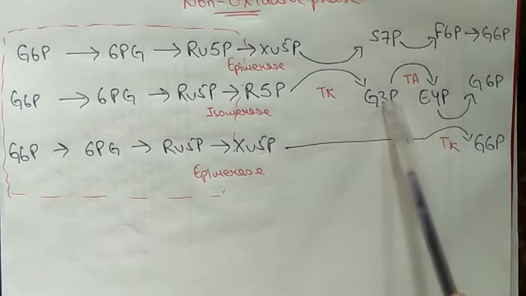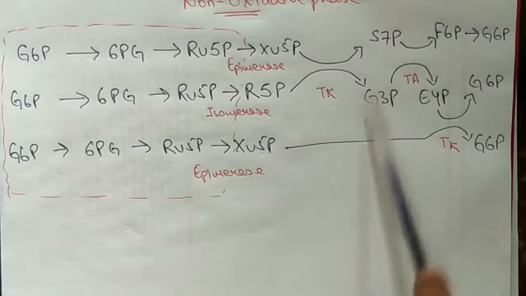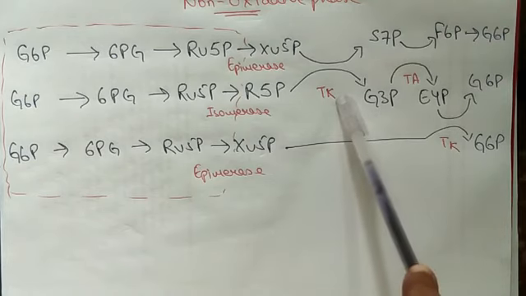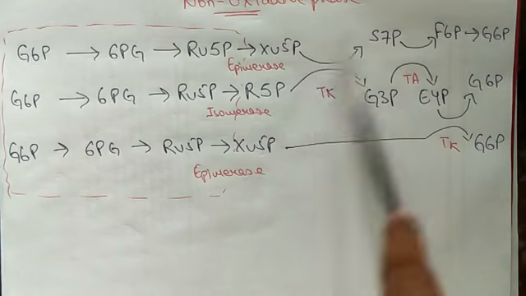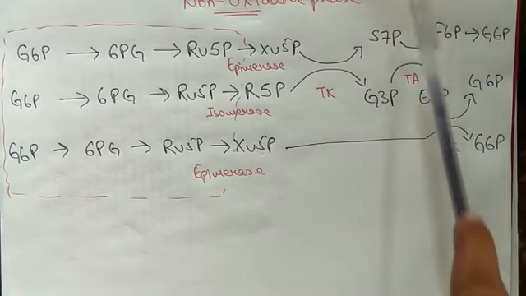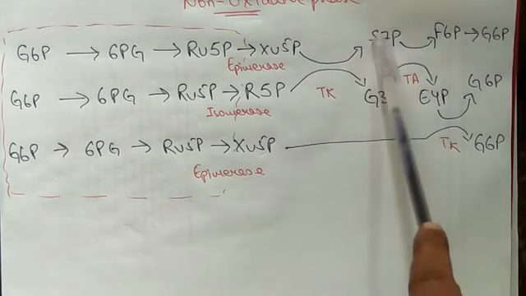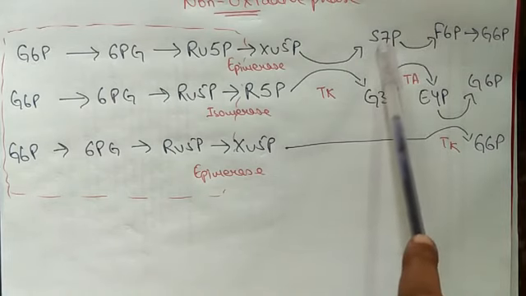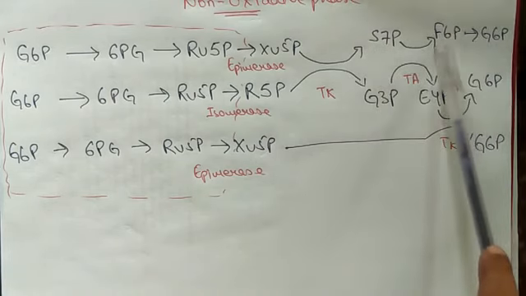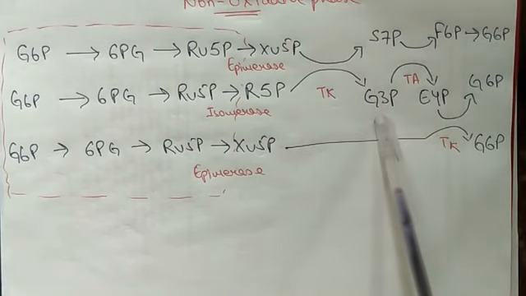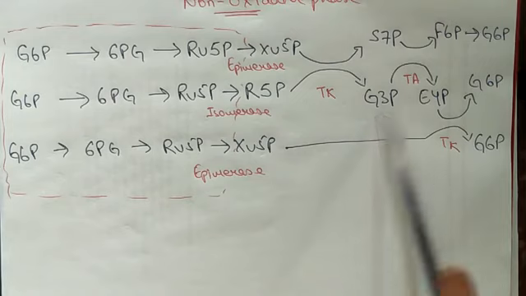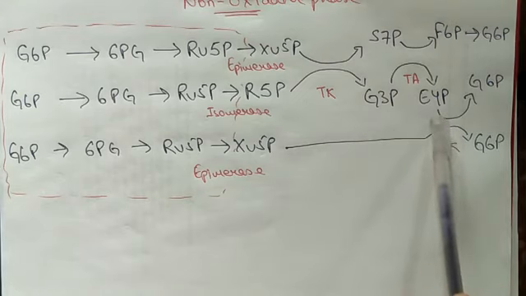It is the transfer of a ketone group to an aldehyde group. Transketolases convert aldehyde to ketone, and transaldolase converts ketone to aldehyde. So here the ketone group gets converted into an aldehyde group, therefore fructose 6-phosphate forms. And here in glyceraldehyde 3-phosphate, the ketone group gets converted into an aldehyde group, so erythrose 4-phosphate forms.